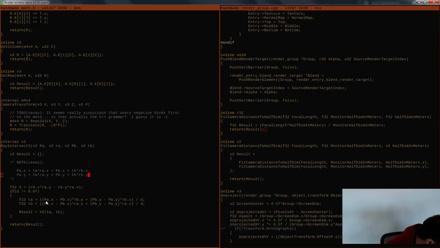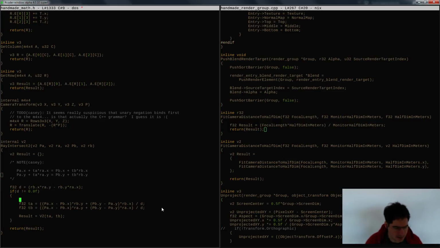So we have PAX. I'm looking at the one from Derive 6 here. We have PAX RBY, which is what we expect, minus PAY times RBX. So it looks like it multiplied this out. Let me go ahead and multiply this out just so we can see a little bit easier what we have here.